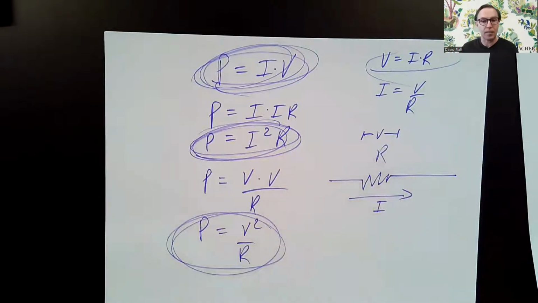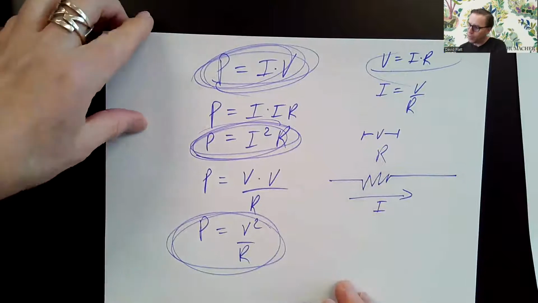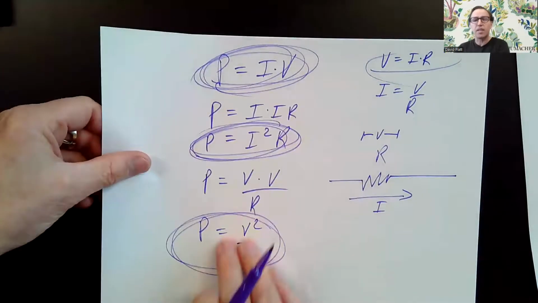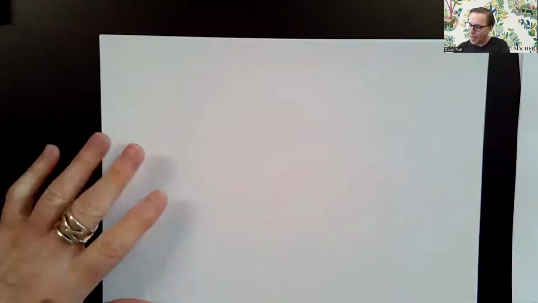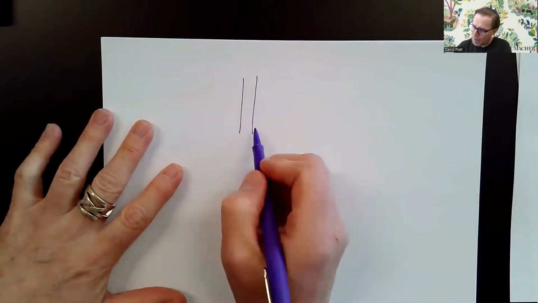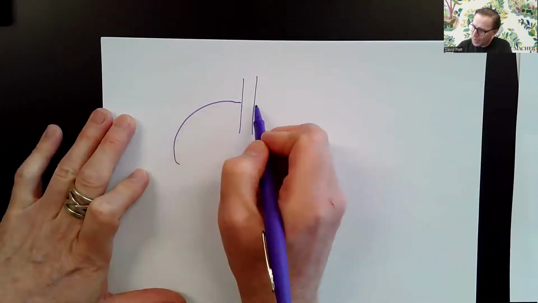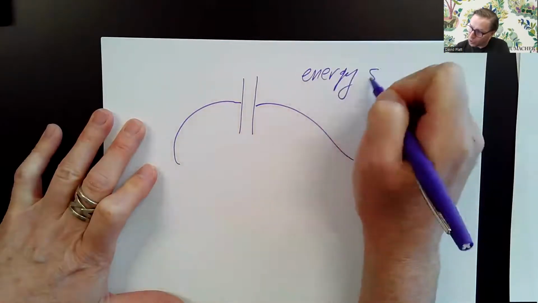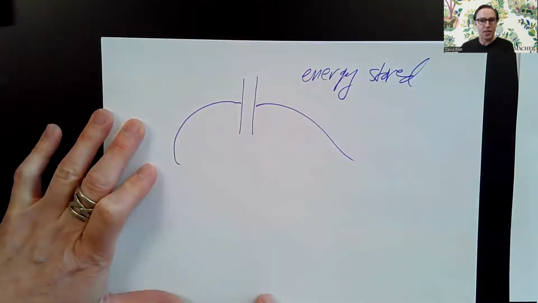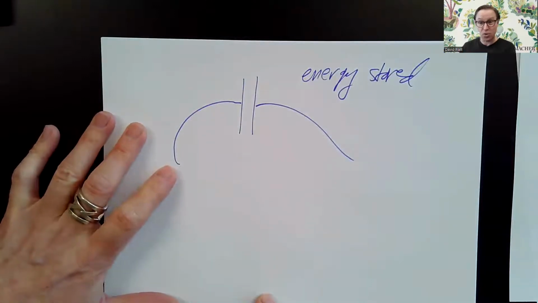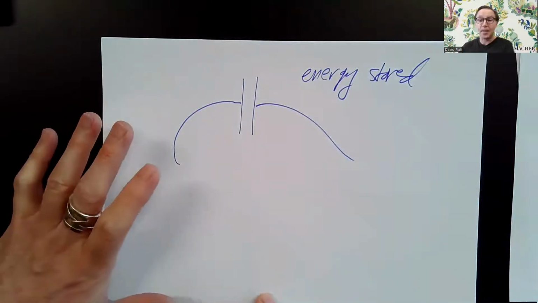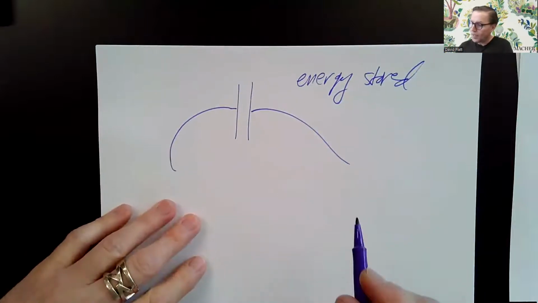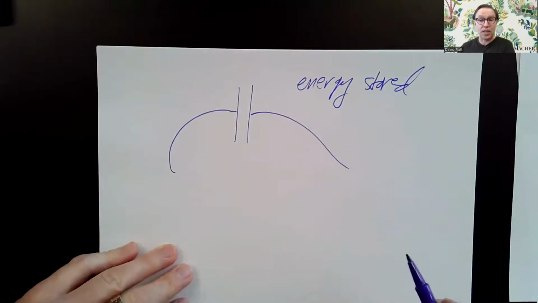And I just wanted to remind you, this to me feels a lot like what we said about capacitors. Remember when we had a capacitor and we talked about the energy stored in a capacitor? And we said there were different formulas that we could use.